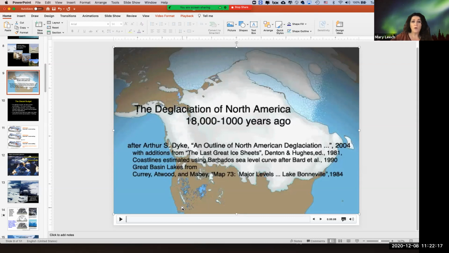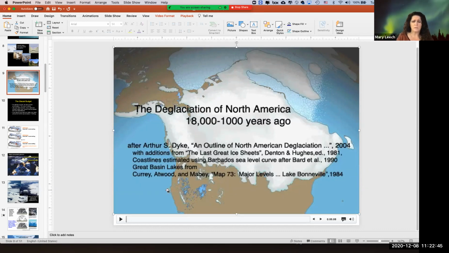There's lots of water on land, and some of that is in lake form, like after the glaciers receded, and as the ice is melting, you get lots of lake high stands that dry up over time. Some of those lakes are left behind, like Mono Lake is one, Pyramid Lake, which is just northeast of Reno, Nevada.